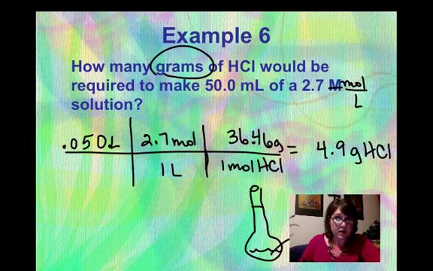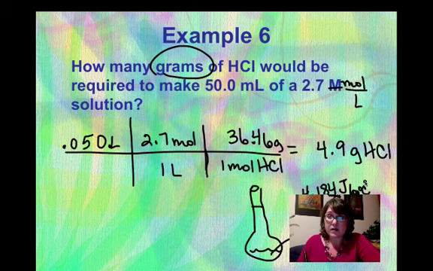Remember, water has a very high specific heat, 4.184 joules per gram degree Celsius. So it's going to absorb all of the heat that's generated when we try to dissolve the acid in water. The acid won't have the ability to do that. So be careful. Add acid to water, not water to acid.